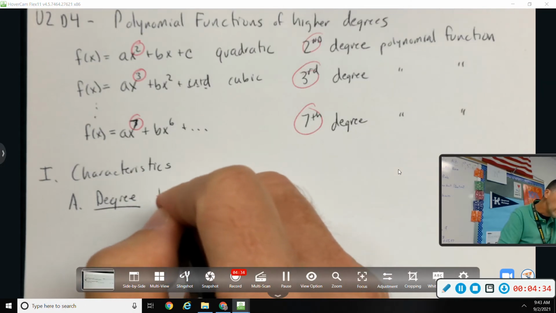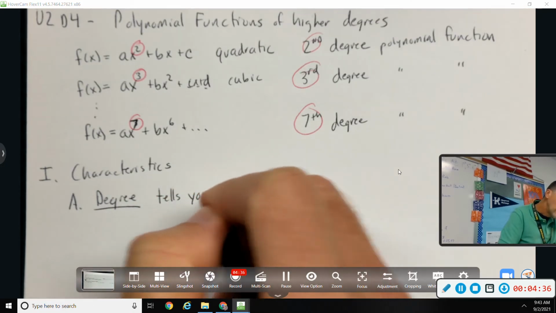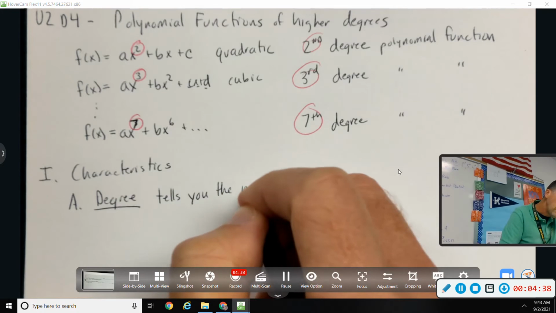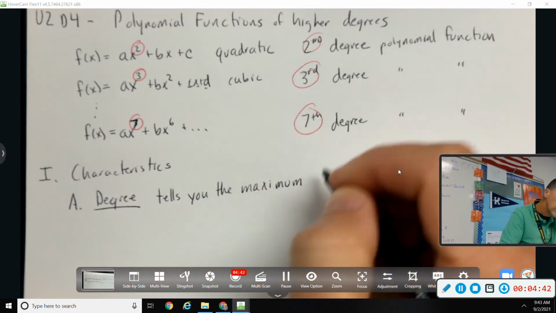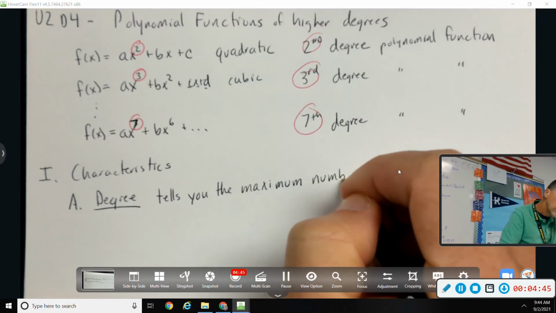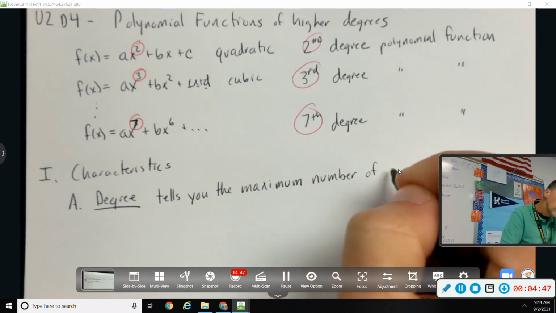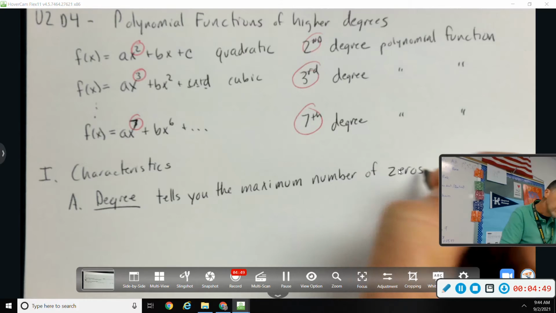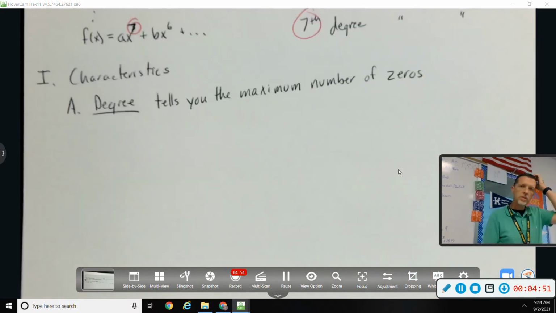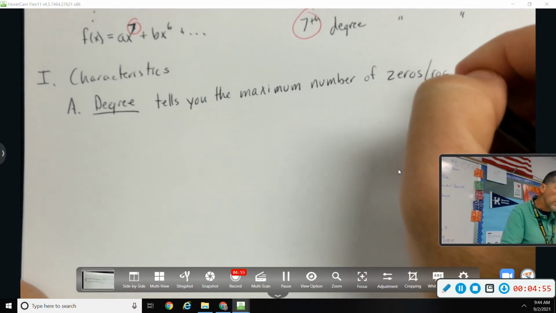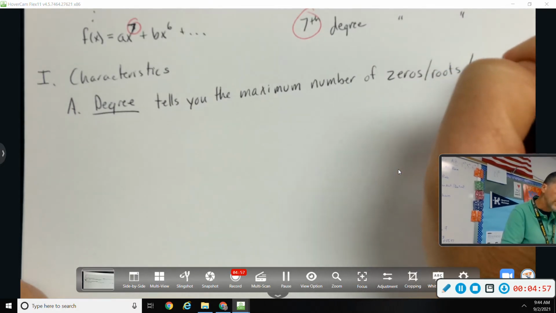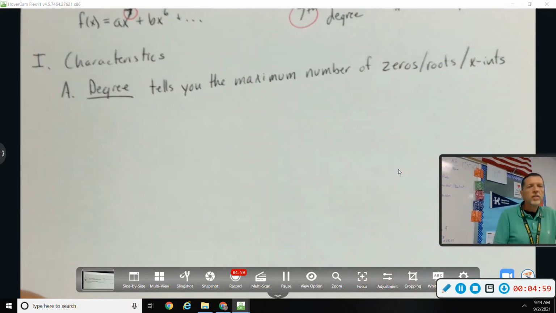But the degree also tells you the maximum number of zeros. Remember, that's the same thing as roots and x-intercepts.